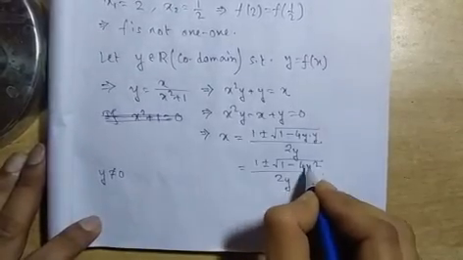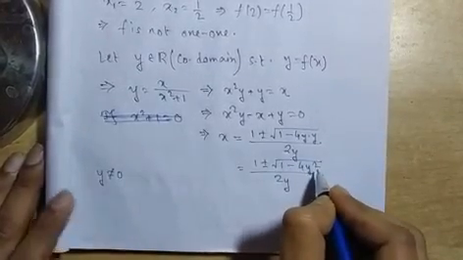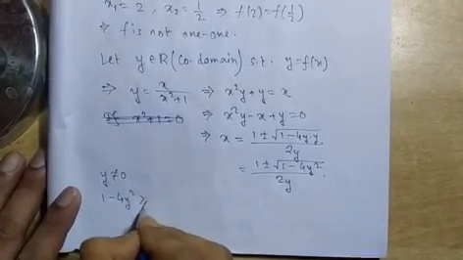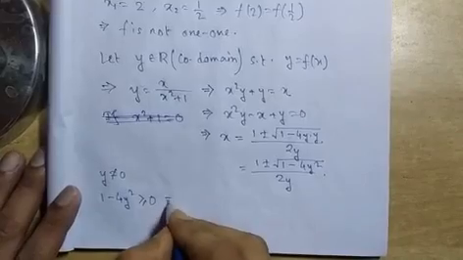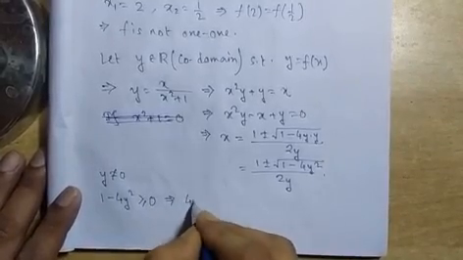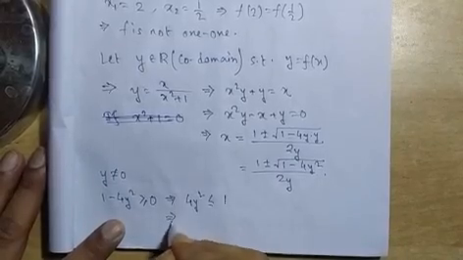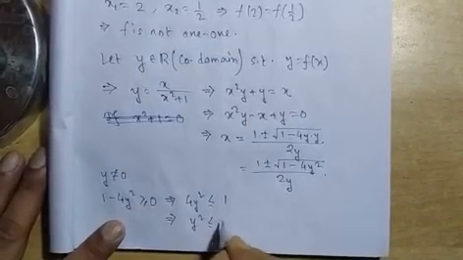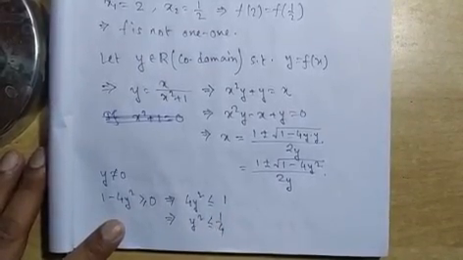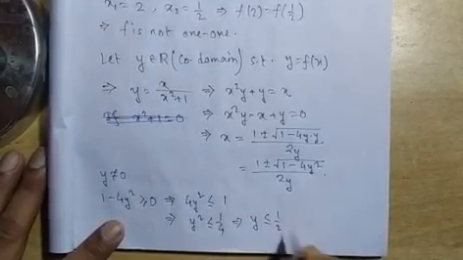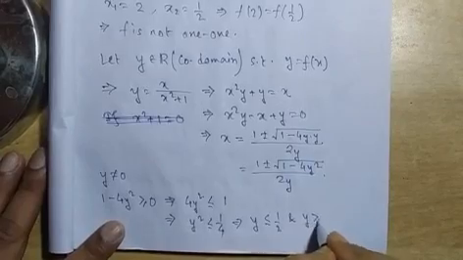Also, 1 − 4y² is under a root, so we have to take 1 − 4y² to be non-negative. That means 4y² will be less than or equal to 1. That will imply y² is less than or equal to 1/4. So that will imply y should be less than or equal to 1/2, and y should be greater than or equal to −1/2.